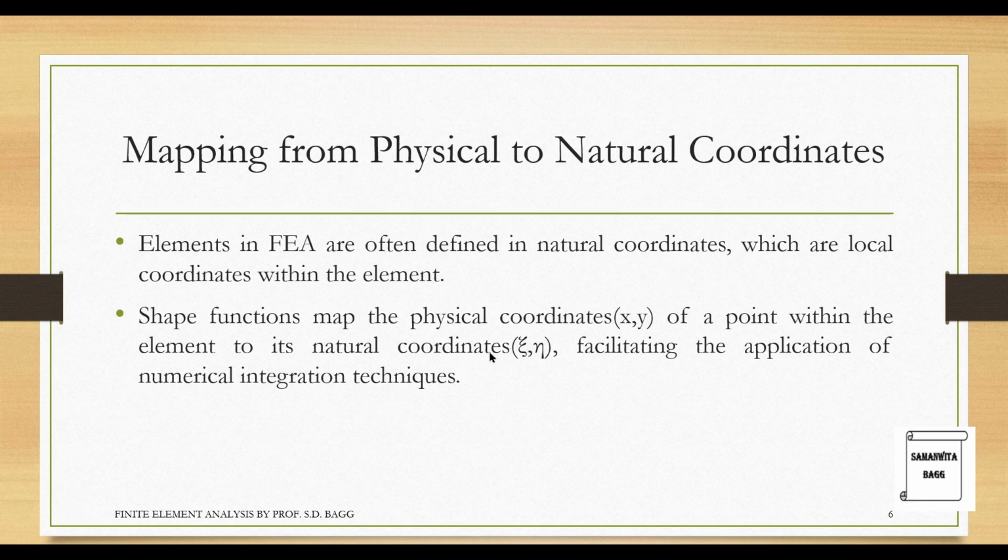These two are the natural coordinates, facilitating the application of numerical integration techniques. So you will be able to solve the problems easier when you convert them into natural coordinates as compared to physical coordinates. You can go through the FEA lectures which I have created, wherein you will understand the change of coordinate system from physical to natural.